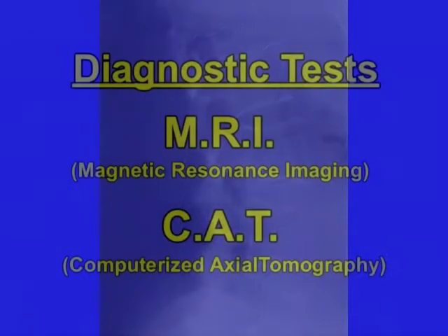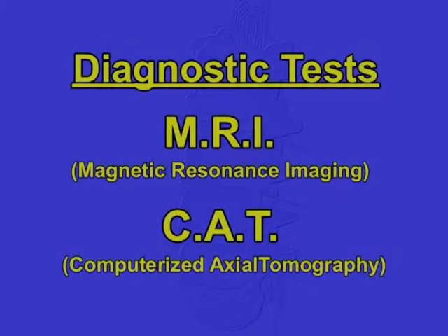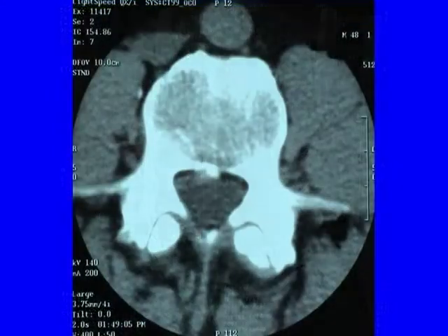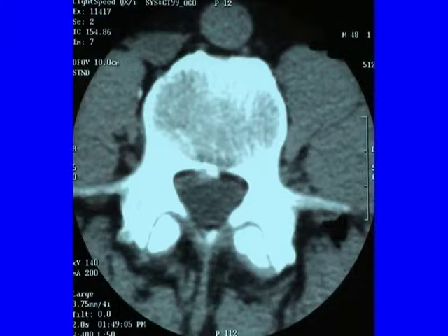Dynamic X-rays, which include flexion and extension bending, may also be helpful in detecting abnormal motion between your vertebrae. M.R.I. and C.A.T. scans show both the bones and the soft tissues surrounding the spine and can help diagnose things such as disc herniations and bone spurs. These images are often used in conjunction with X-rays.